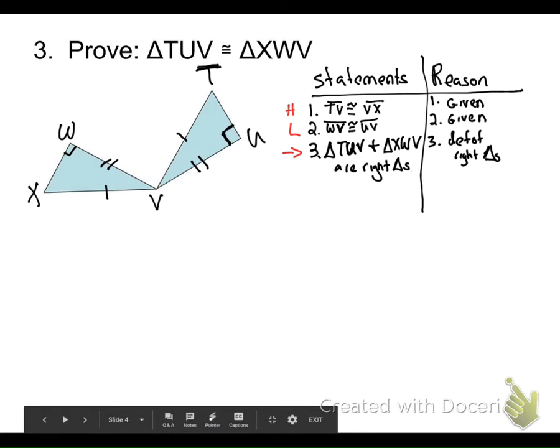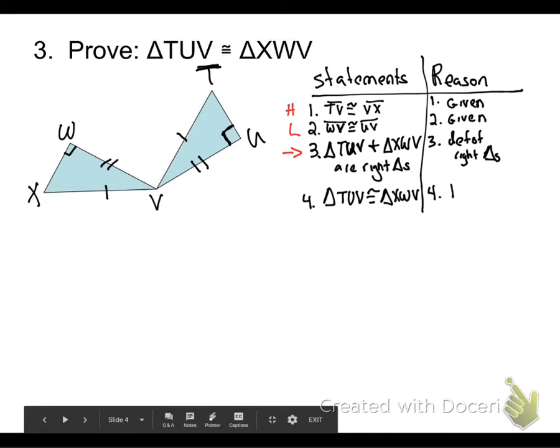So to use hypotenuse, leg, you've got to check off 3 boxes. You have to tell me that it is a right triangle. You have to tell me the hypotenuses are congruent and that the legs are congruent. Once you've done that, we can now make that last statement. We can now say that they are congruent. So triangle TUV is congruent to triangle XWV.